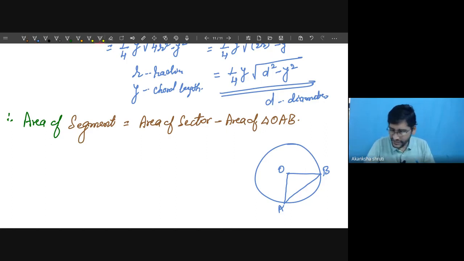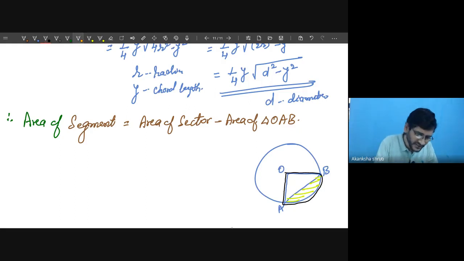So we are interested in getting this much area only. How can we calculate this much area? This area can be calculated first by considering the entire sector area.